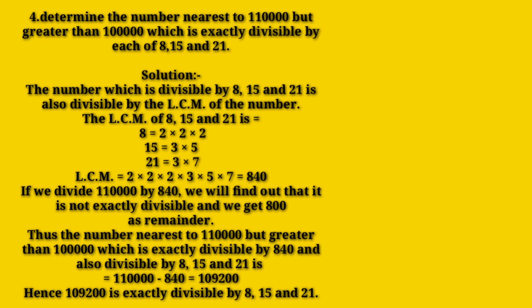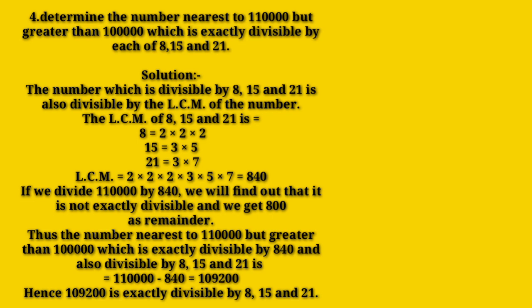So here the data is given: the number nearest to 1,10,000 but greater than 1 lakh, which is exactly divisible by each of 8, 15 and 21. So students, the number which is divisible by 8, 15 and 21 is also divisible by the LCM of the numbers. So the LCM of 8, 15 and 21.